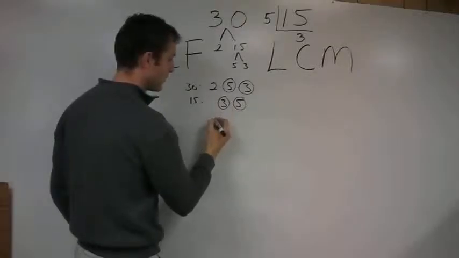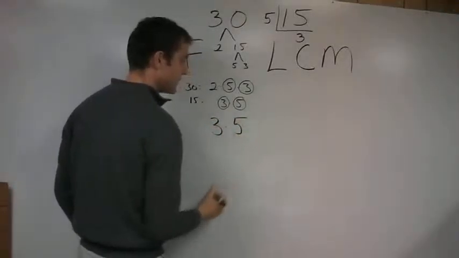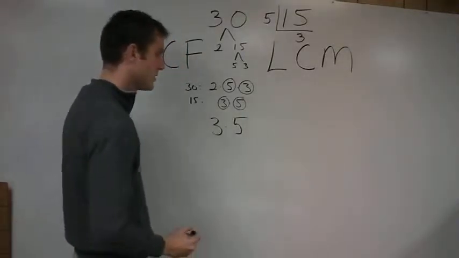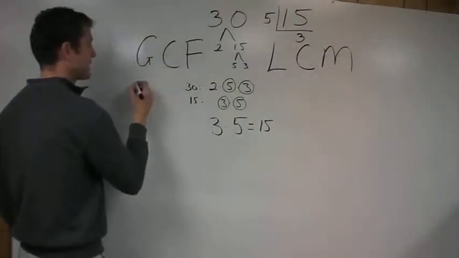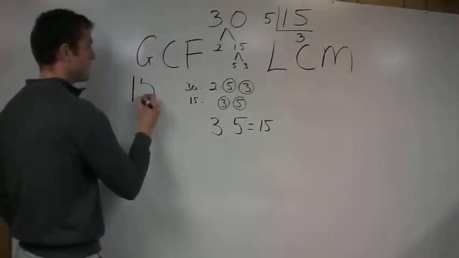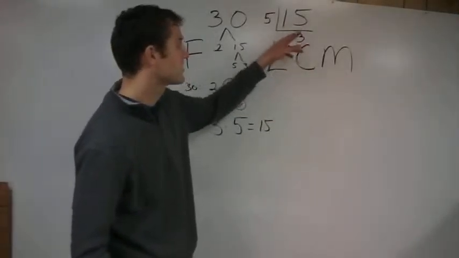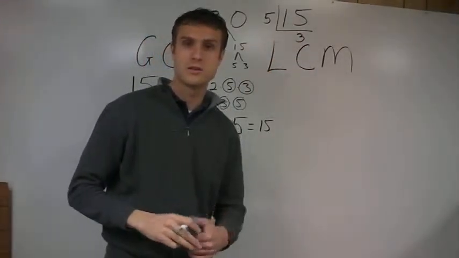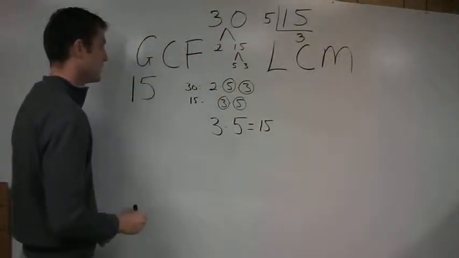So I'm going to place down here a 3 and a 5, and I'm going to multiply those two numbers together. That gives me 15. So my greatest common factor for 15 and 30 is 15. Notice it is equal to the smaller of the two numbers. That is the largest possible number you can have when you're talking about the greatest common factor.